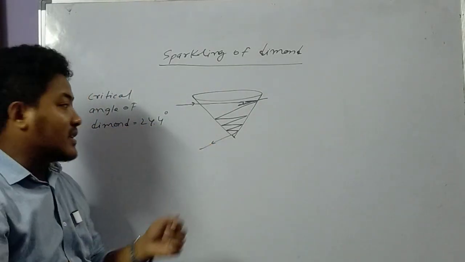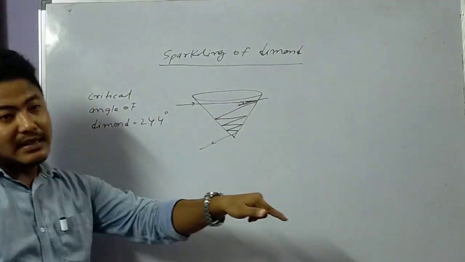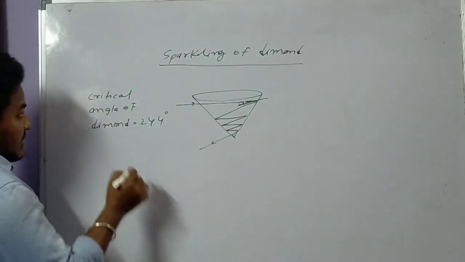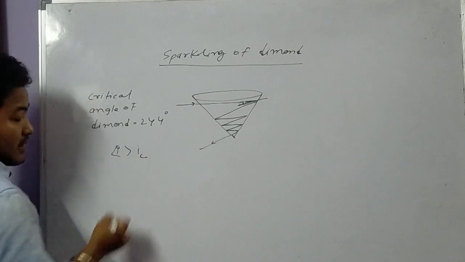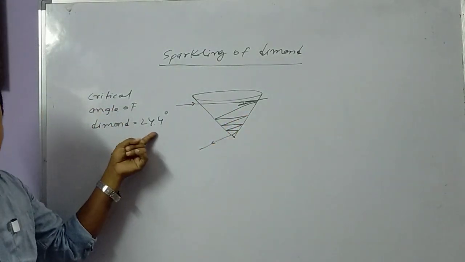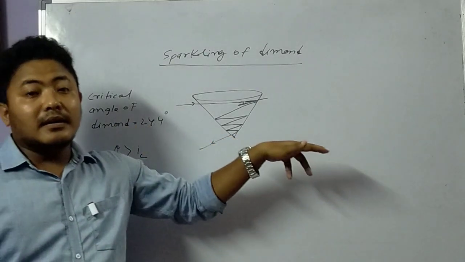Until the critical angle remains less than the angle of incidence, there is total internal reflection. Am I clear? So the situation is that the angle of incidence should be greater than the critical angle. In case of diamond, as the critical angle is very less, 24.4 degrees, the angle of incidence remains bigger than the critical angle.